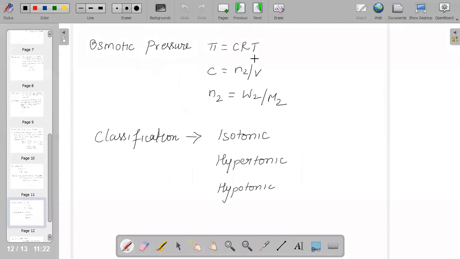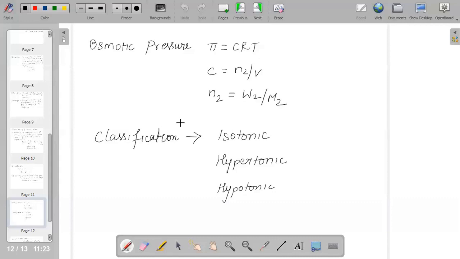There are different classifications of solutions based on osmotic pressure.